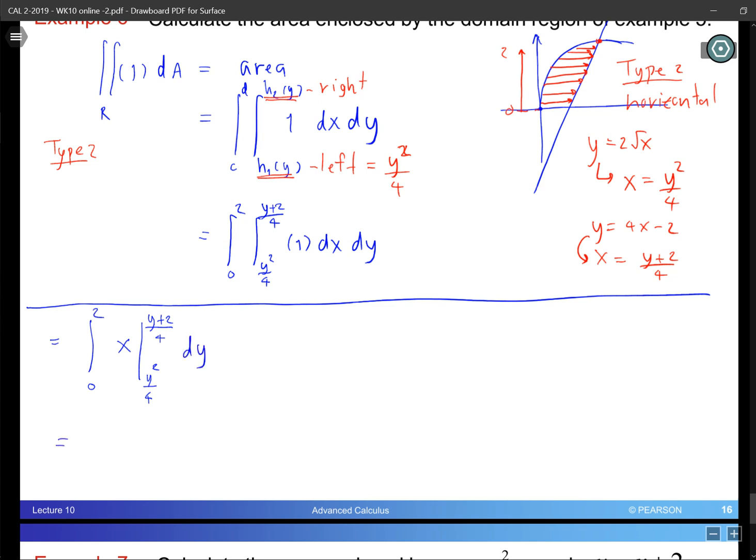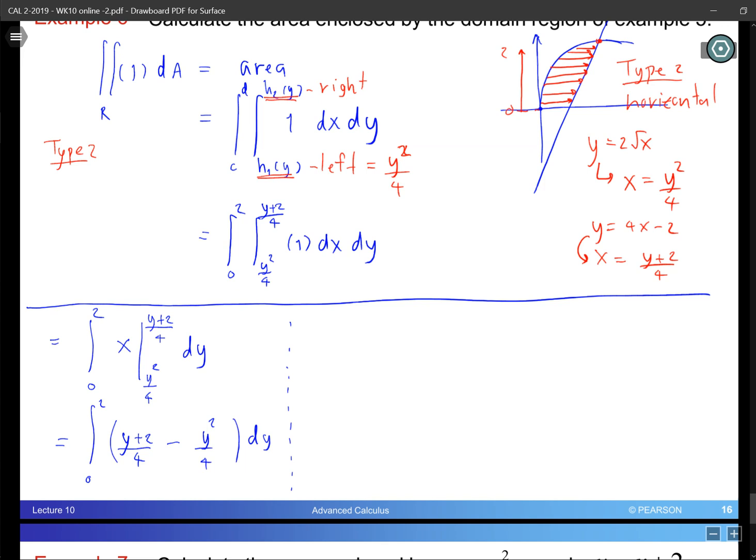So (y plus 2) over 4 goes in as x, minus y squared over 4 goes in as x. And then we are supposed to integrate this with respect to y at the end.